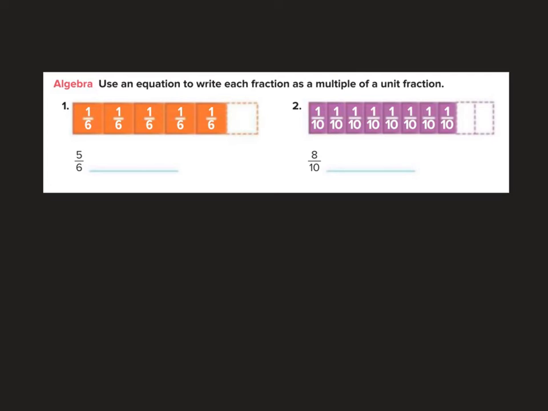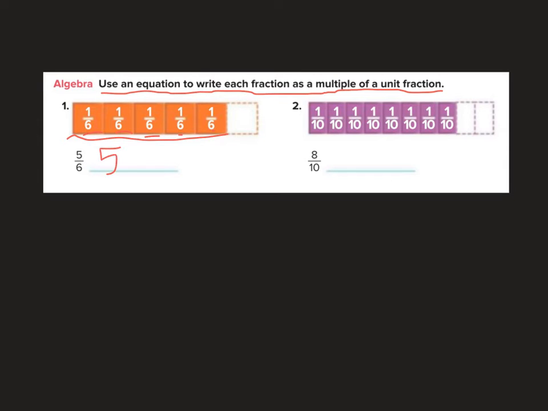Now this comes from your homework. We aren't doing the homework currently, so I'm just pulling some problems there to give you some more examples to watch to hopefully get a better understanding. So here it says to use an equation to write each fraction as a multiple of a unit fraction. I have 5/6 here. So notice I have 1, 2, 3, 4, 5 of them.